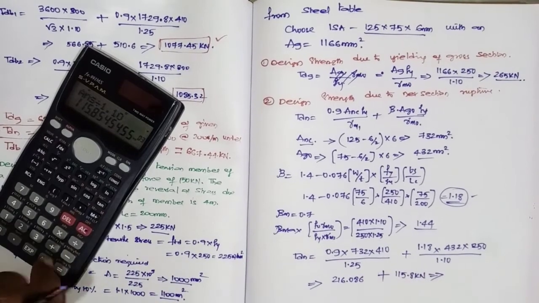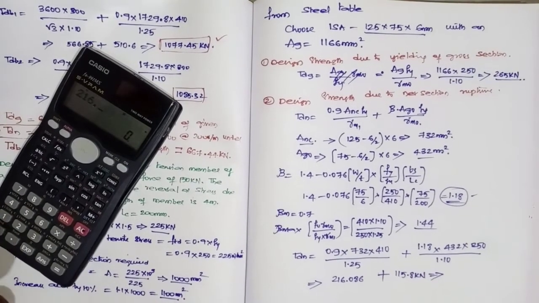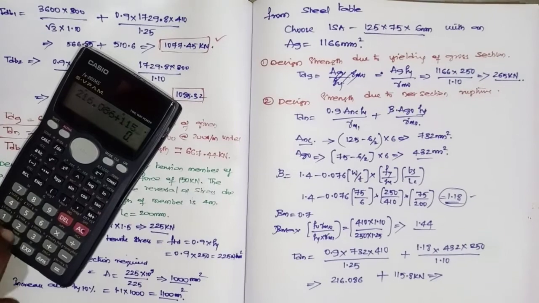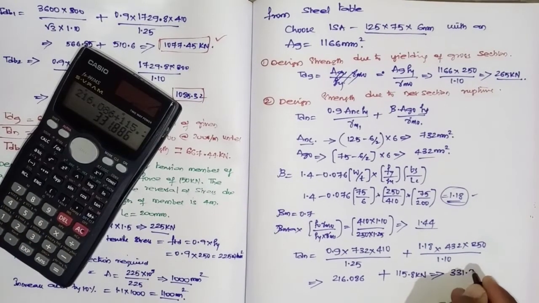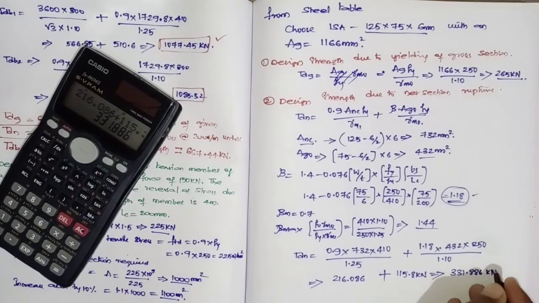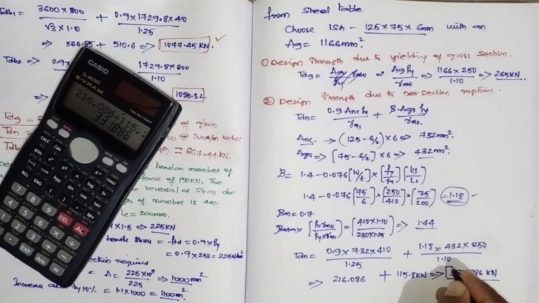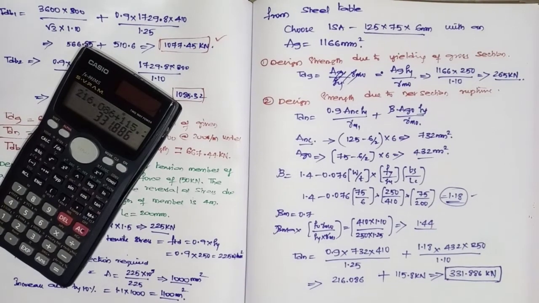Together, 216.086 plus 115.8 is 331.886 kilonewtons. So this is the design strength due to net section rupture.